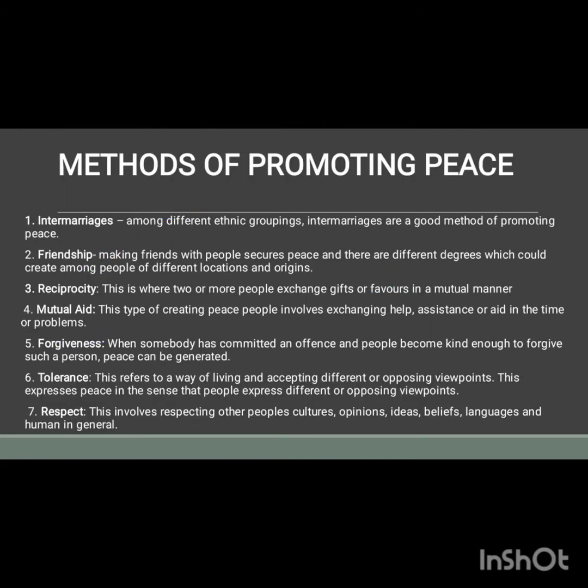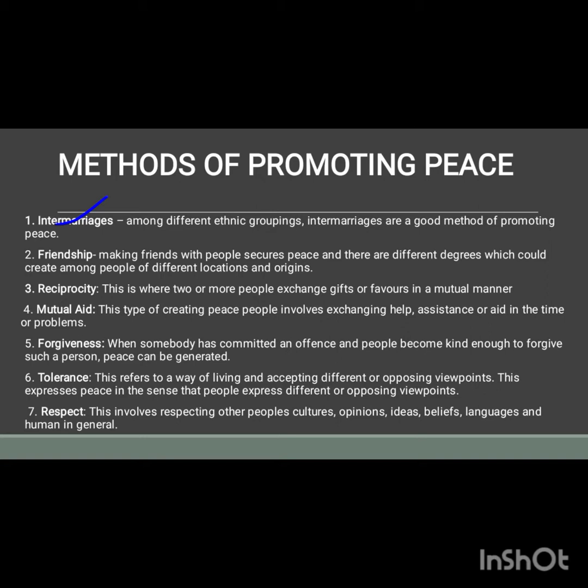Good. So now, there are some methods that we can use to promote peace. How can we promote peace in our country? The first one is intermarriages. Do you know what intermarriages mean? Marry someone of a different ethnic group.